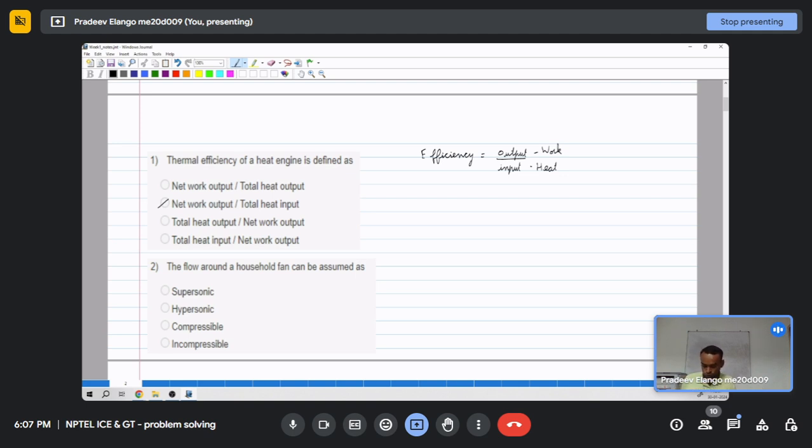The flow around a household fan can be assumed as supersonic, hypersonic, compressible, or incompressible. So, can you answer this?